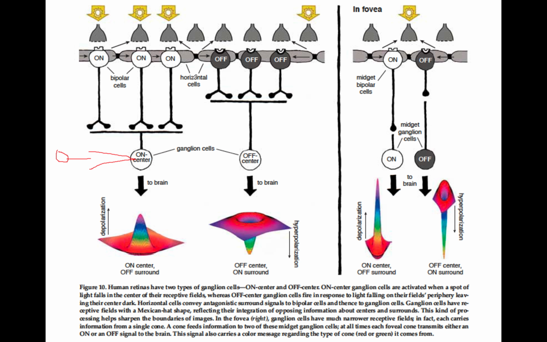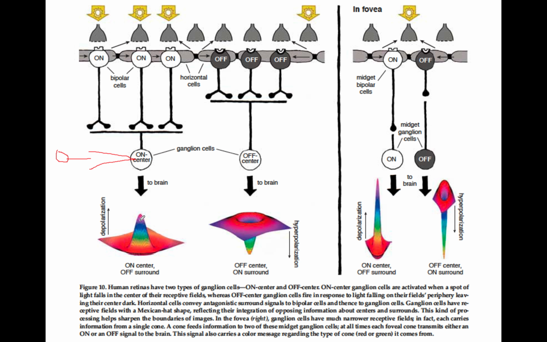And what this is trying to depict is that for an on-center ganglion cell, if you shine light onto this center area here, then that will stimulate it and make it become more activated. And the way that it represents it is that depolarization is shown here on the z-axis. So up means depolarization.